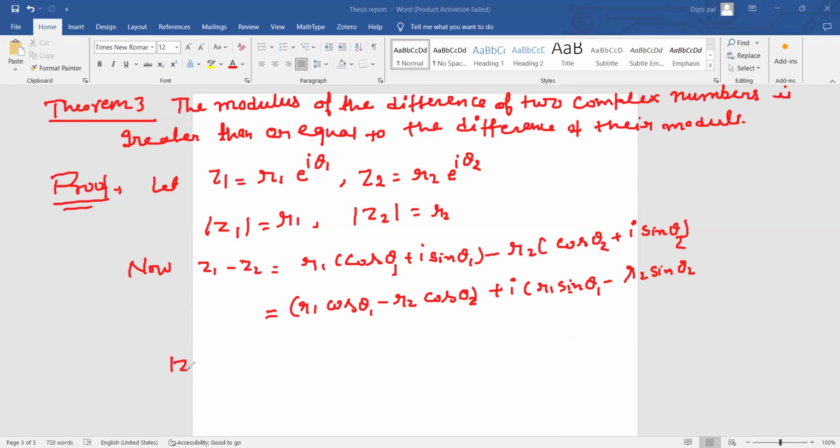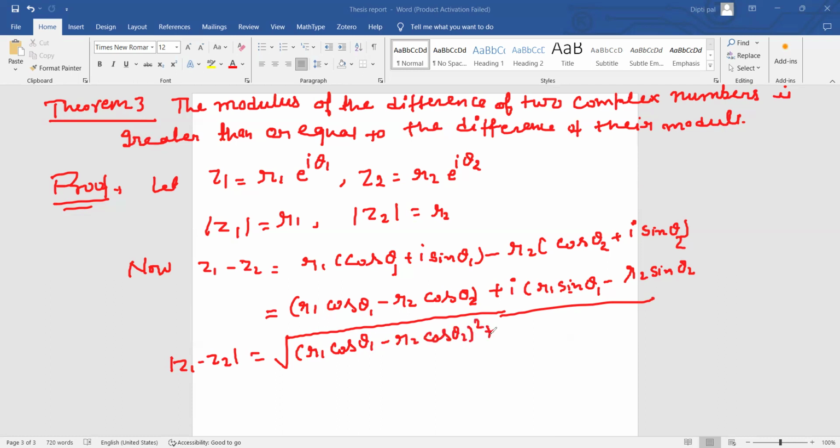Now the modulus of Z1 minus Z2 will be square root of (R1 cos theta 1 minus R2 cos theta 2) whole square plus (R1 sin theta 1 minus R2 sin theta 2) whole square.